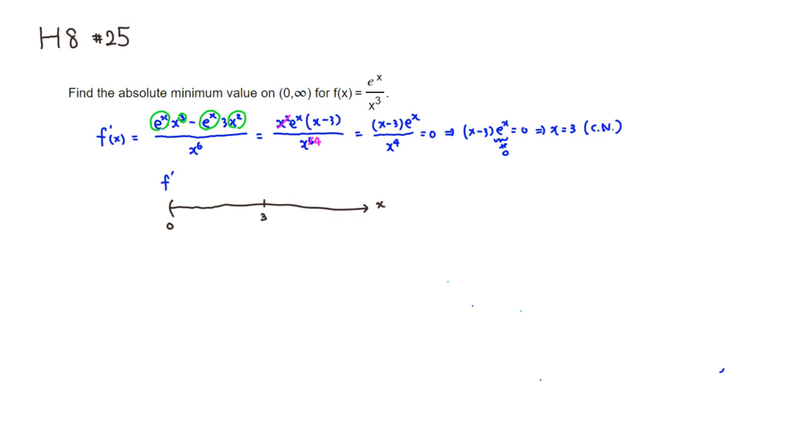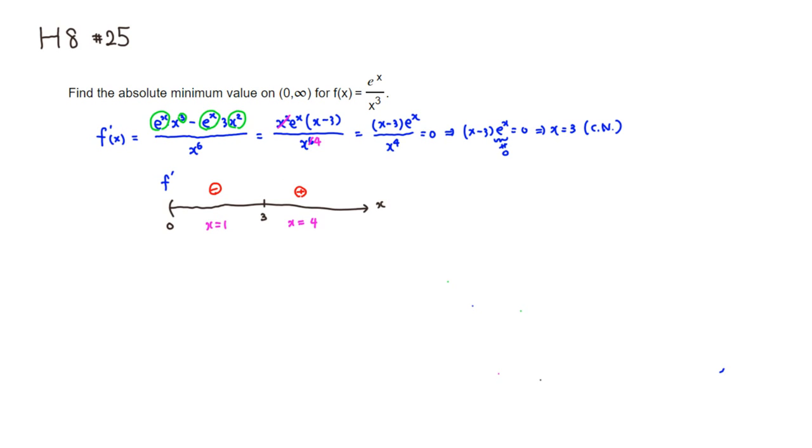I'm going to try x equals 1, which is between 0 and 3, and something bigger than 3, like 4. Let's look at the sign of this derivative. If you plug in 1, 1 minus 3 is negative, and everything else is positive, so you get a negative sign. If x equals 4, 4 minus 3 is positive, and everything else is positive, so you have a positive.